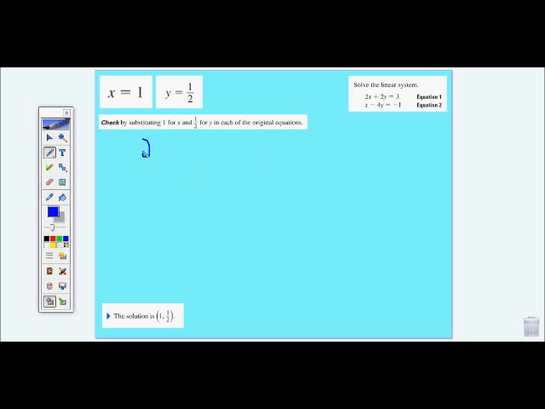So looking at the first one, 2 times our X plus 2 times our Y should equal 3. Is that a true statement? 2 plus 2.5. Does that equal 3?